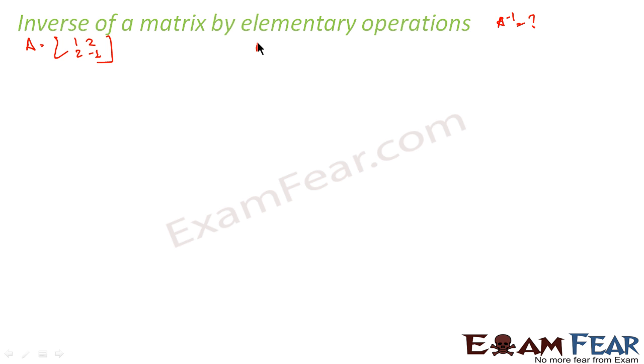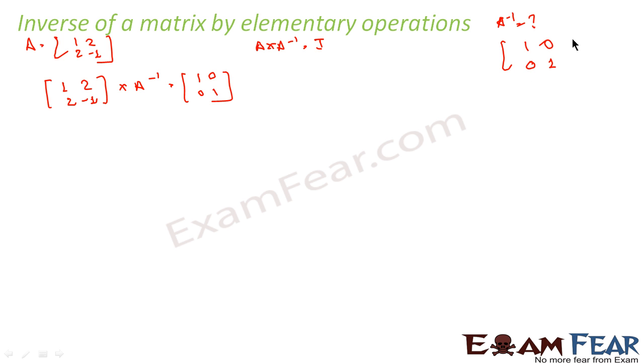I know A into A inverse is nothing but I. So you can use this formula, 1, 2, 2, minus 1, same formula, into A inverse is equal to I. I is this, the 2 by 2 identity matrix. Now my goal here is to convert this guy A into identity form, and now I am using only column operations.